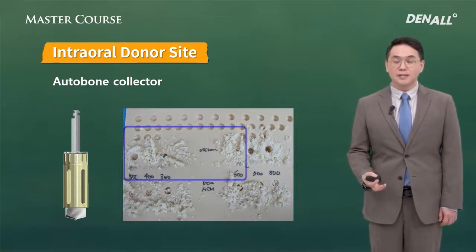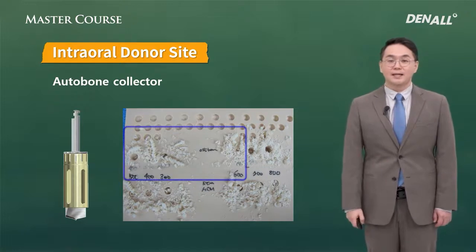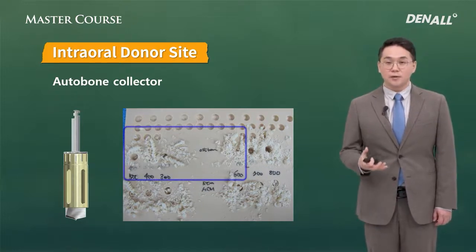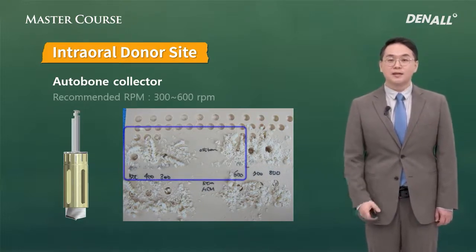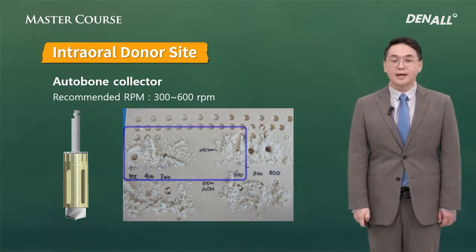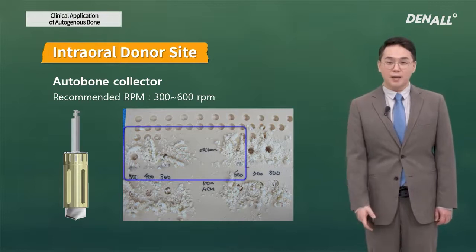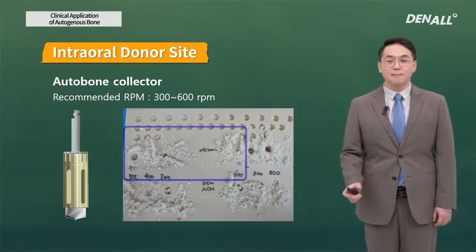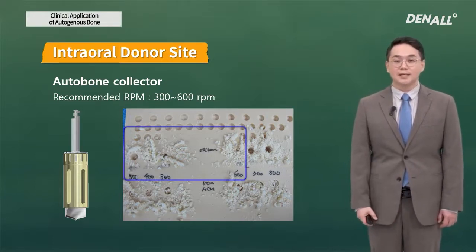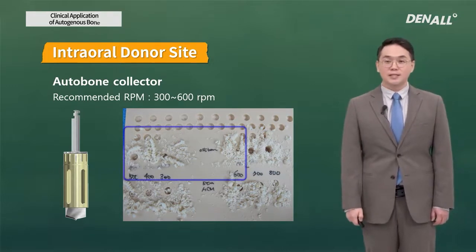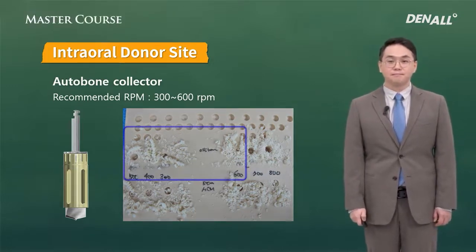If the bone particle is very small, it will be resorbed even more. So proper size autogenous bone graft material needs to be acquired. For that, 300 to 600 RPM is guided, and I use 500 RPM clinically. In the cortical bone, I get the sawdust type particles in the size of 2 to 3 millimeters.